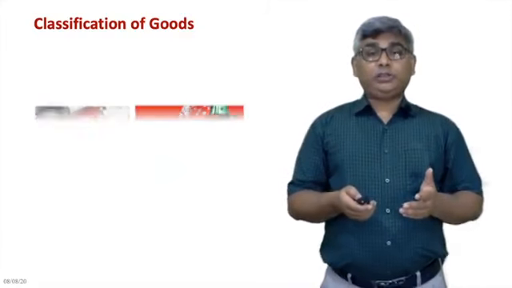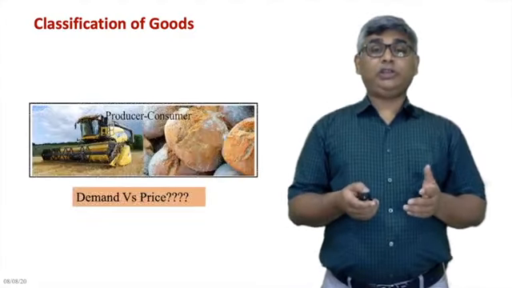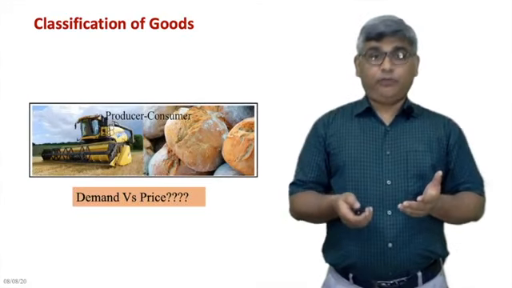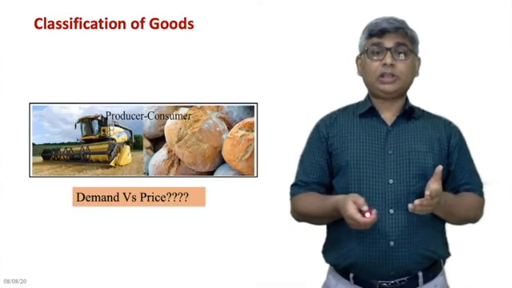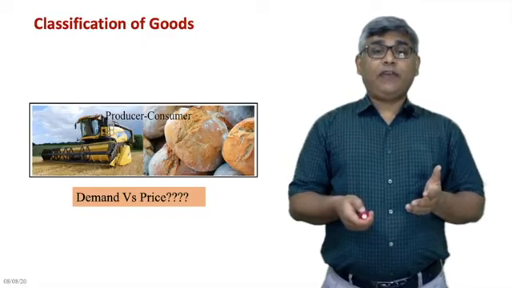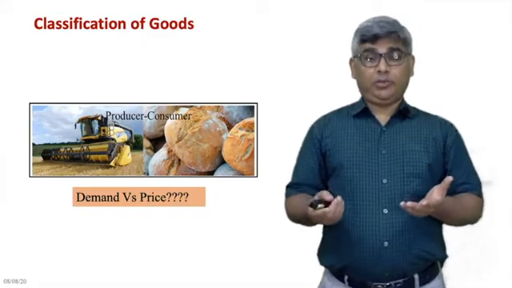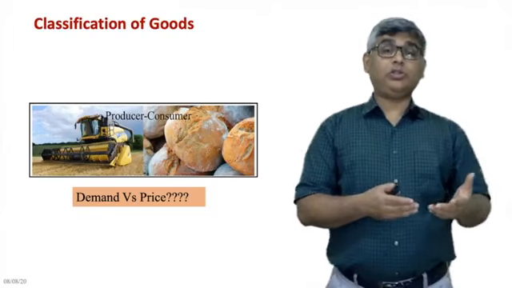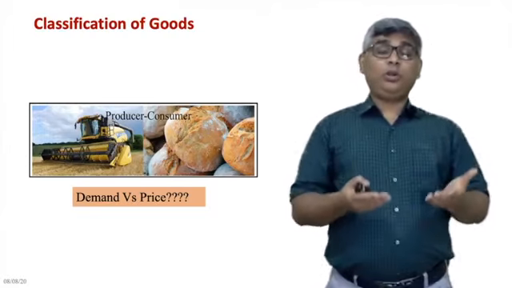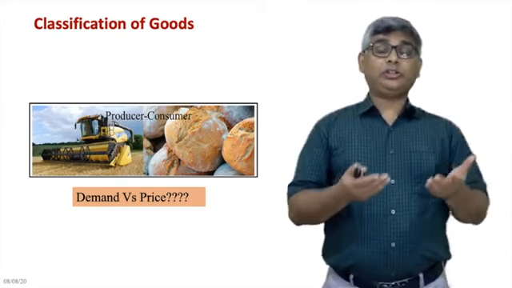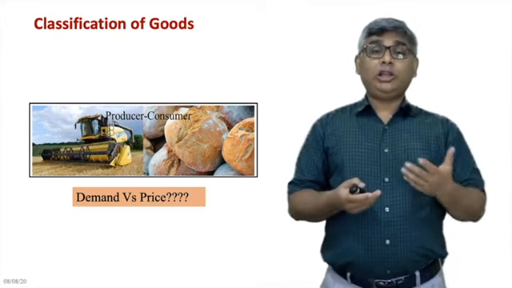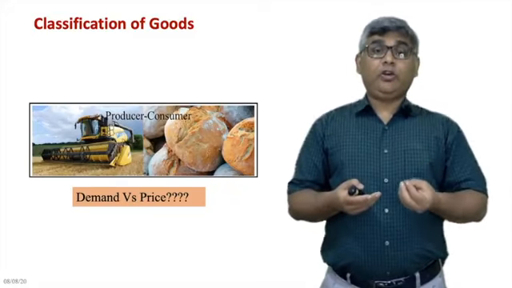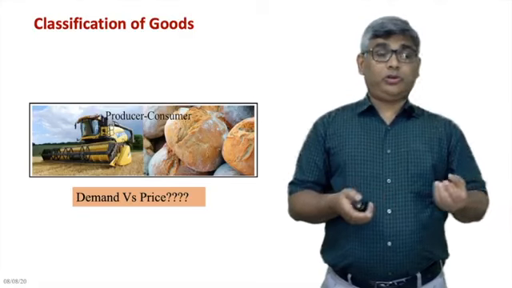Then apart from this, we have one more classification, what we call a producer good and a consumer good. If you look at this slide, we have bread which is readily available in the market. That is directly consumed by the consumer. But if we really go inside, into how it is manufactured, all the ingredients and all the components required to produce this bread fall under the category of producer goods.